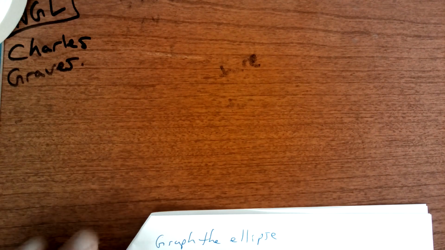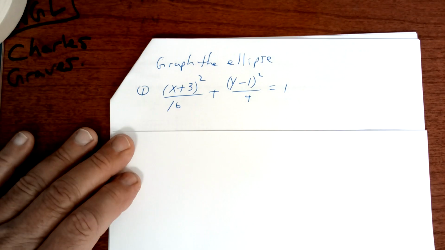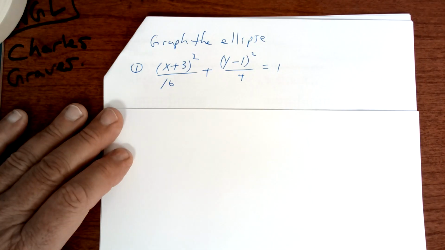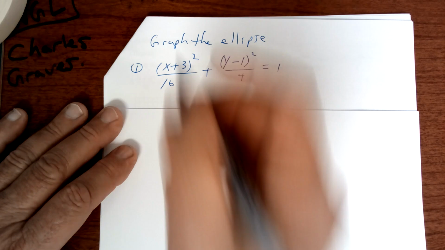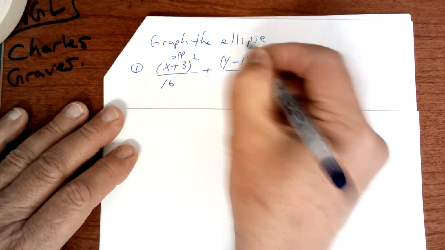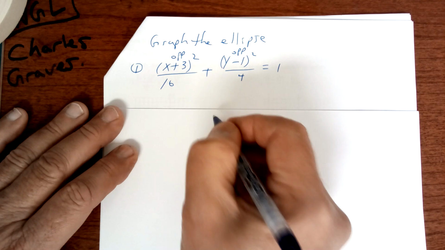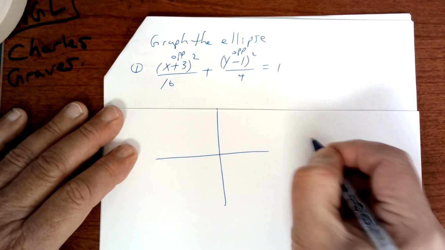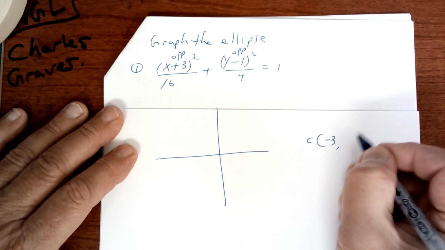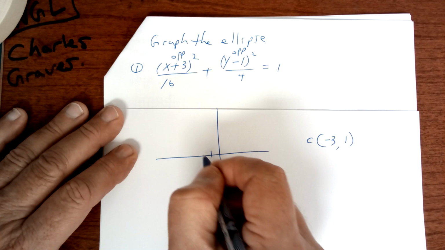Let's turn our attention now to graphing an ellipse. Well, you were taught this yesterday, and remember it's opposite, opposite. So the opposite, or the center here, is going to be -3 and +1. So go -3, up 1.